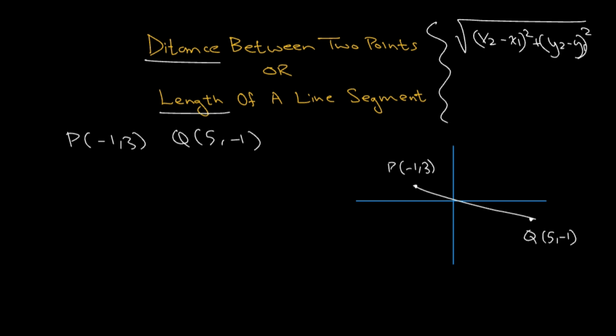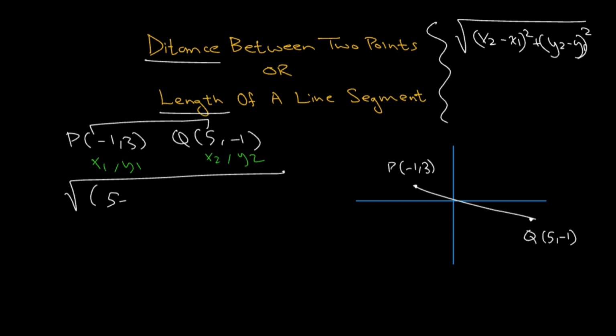So let's call this x2 comma y2 and x1 comma y1. So square root of x2 minus x1. So 5 minus minus 1, that is 5 plus 1.